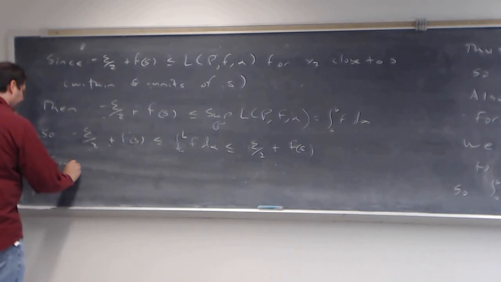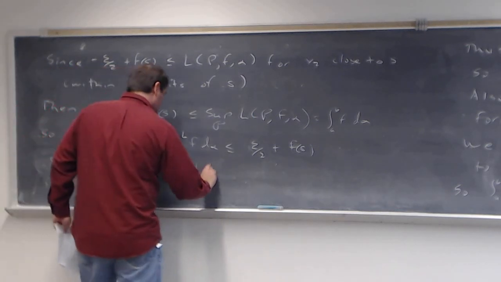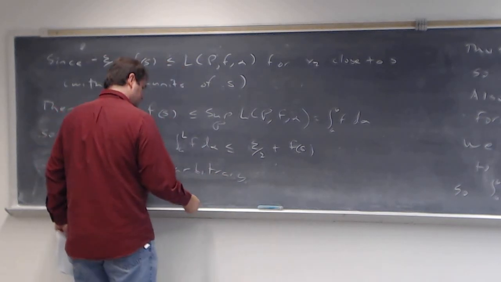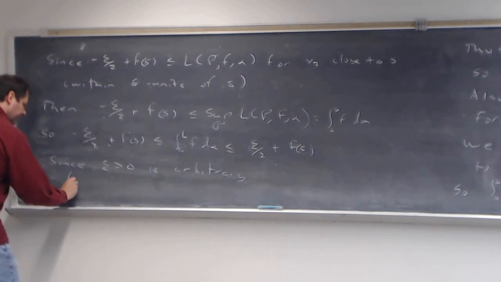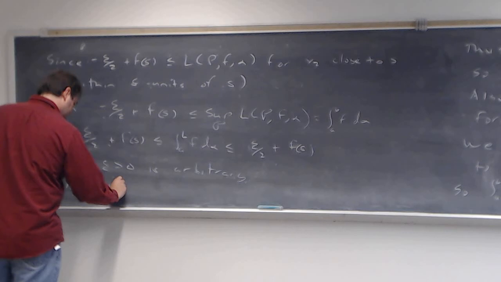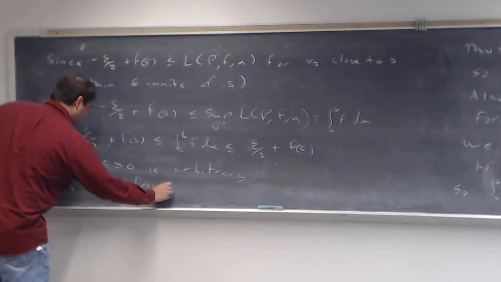And so since epsilon greater than 0 is arbitrary, what we get is that the integral must be equal to f of s, and that's the proof.